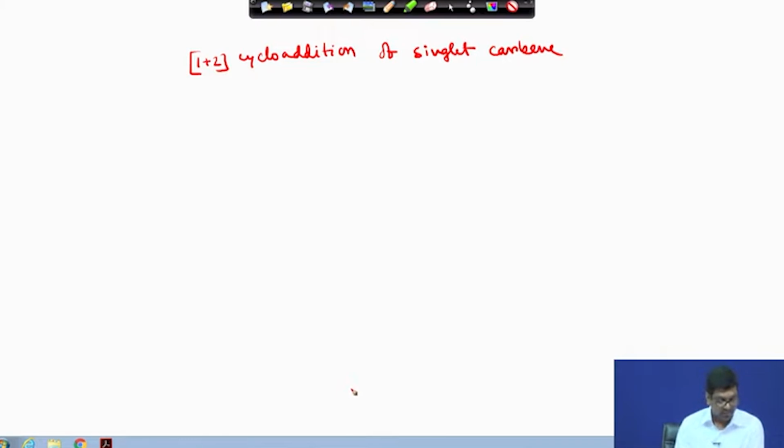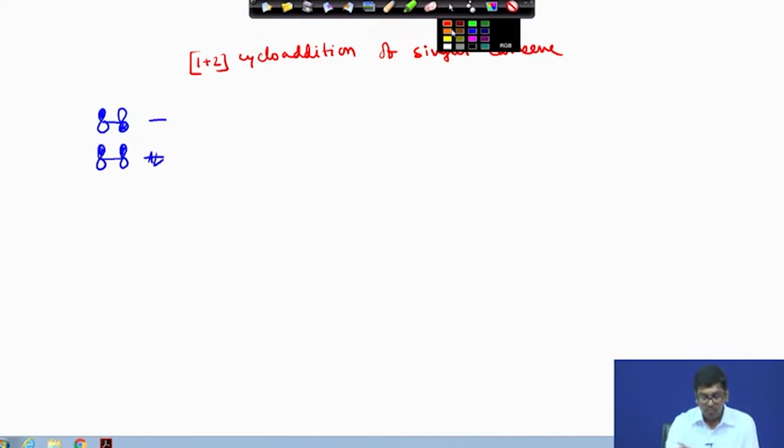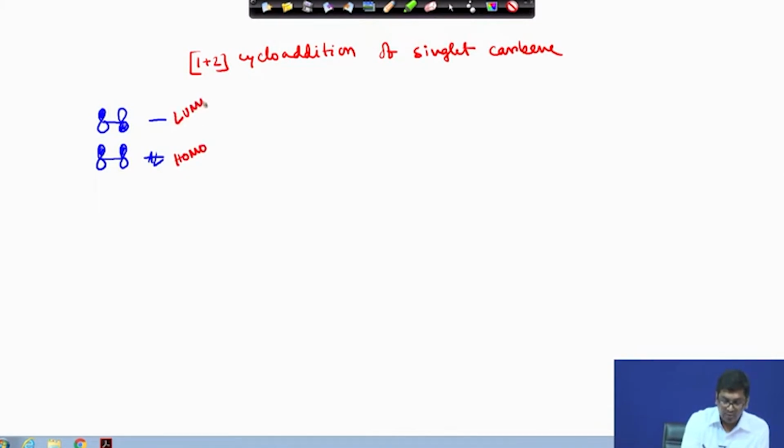Before that, we know that in general for alkenes, if we draw the orbitals, here this is the HOMO and this is the LUMO.